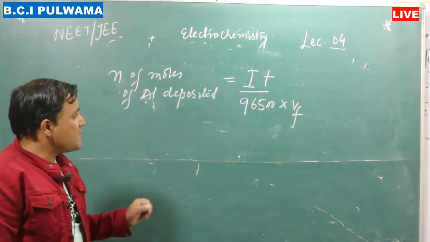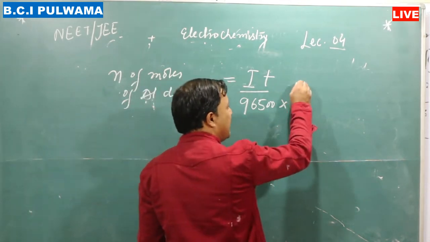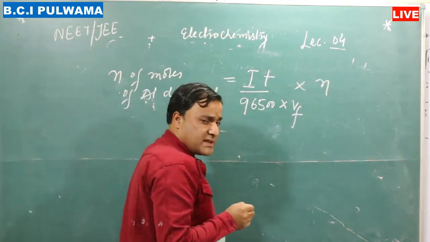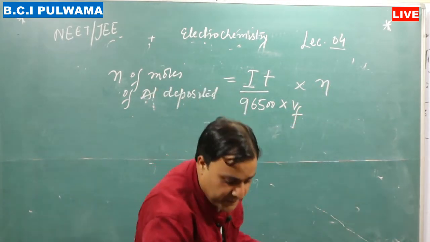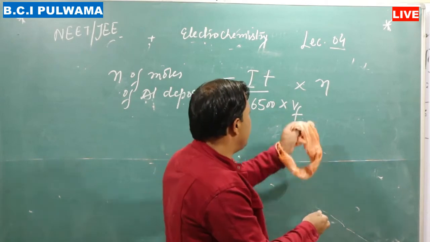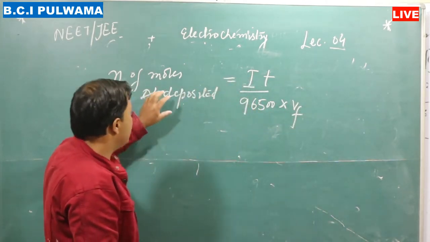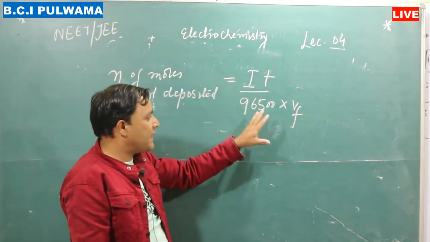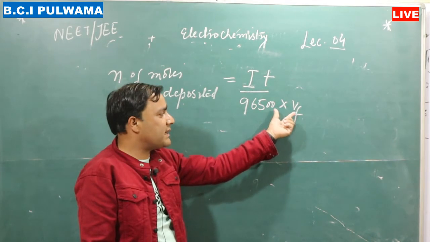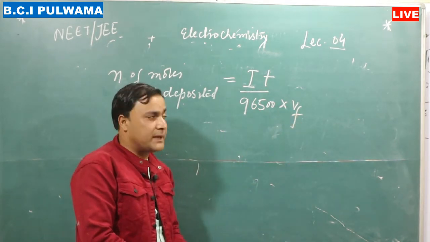If efficiency is not mentioned, it is 100%, so the number of moles of aluminum deposited can be given by the expression It by 96500 coulombs, multiplied by the valency factor, which is equal to 3.